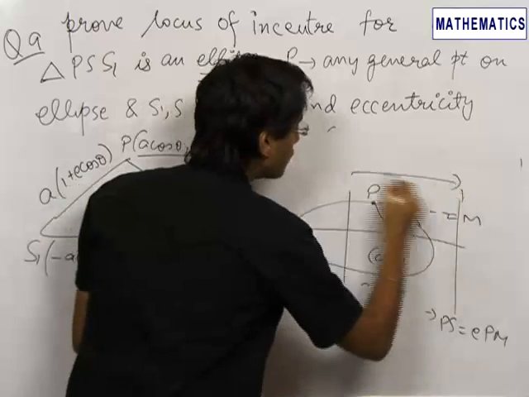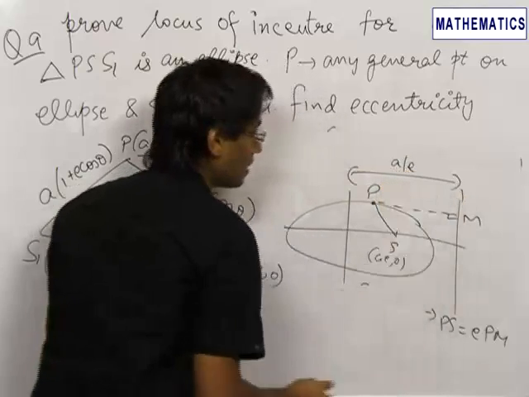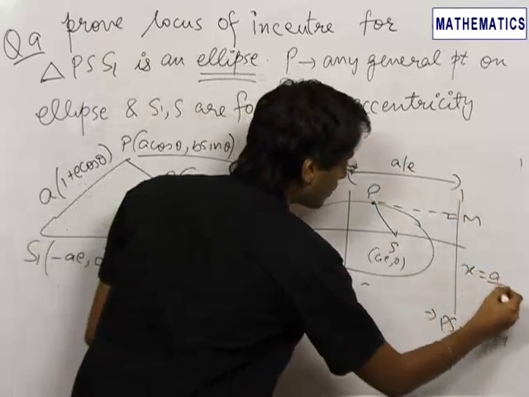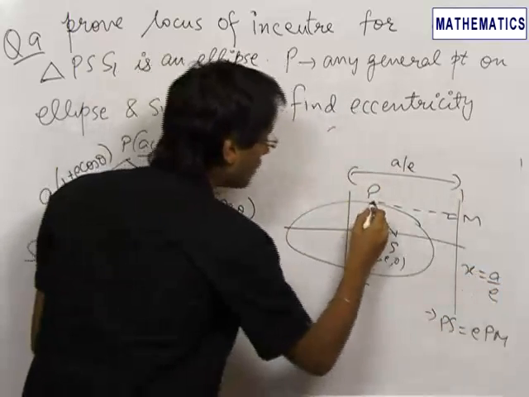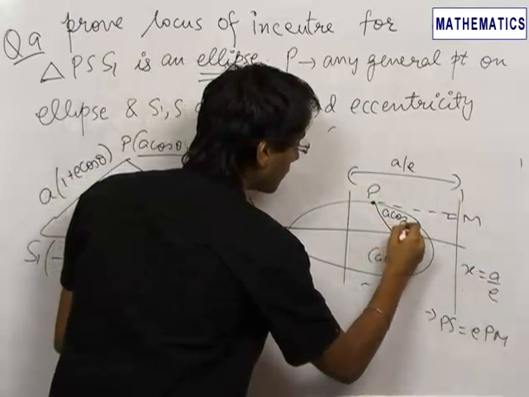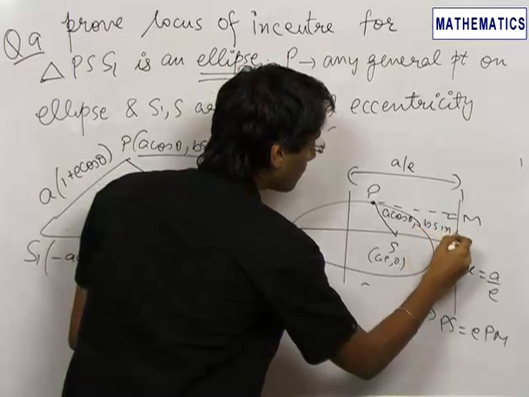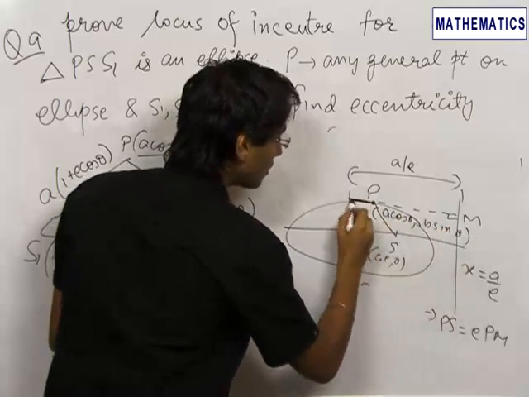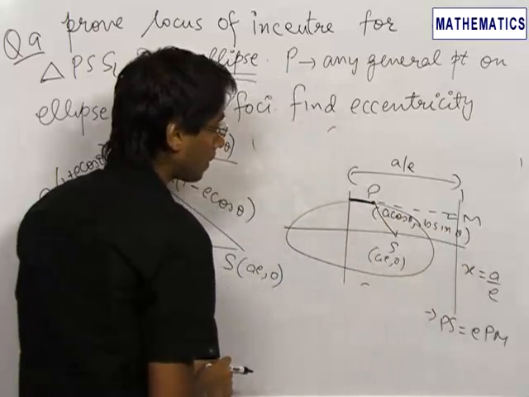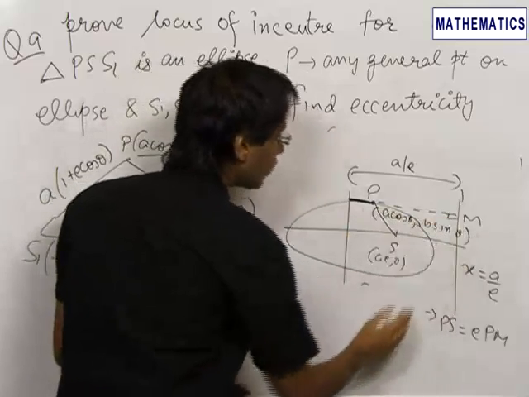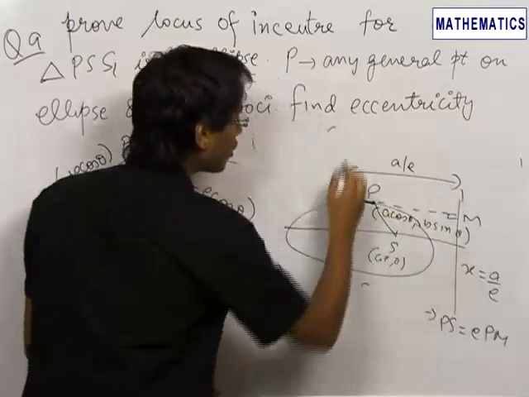This entire distance we know is equal to A by E, since the equation of the directrix is x equals A by E, and this point is A cos theta comma B sin theta. So this will be equal to A cos theta, and hence PM is equal to A by E minus A cos theta.